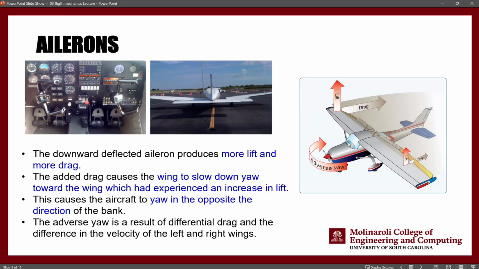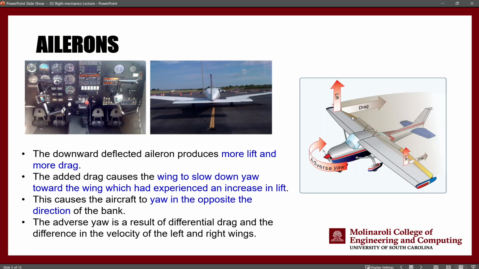But the idea here is that the curvature of the wing is responsible for an increased lift. That's the most generalized idea about the relationship between lift and a wing. So when you reduce the curvature by moving the ailerons up, you are going to reduce lift.